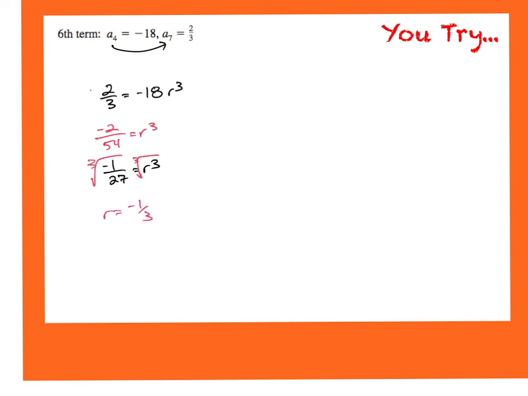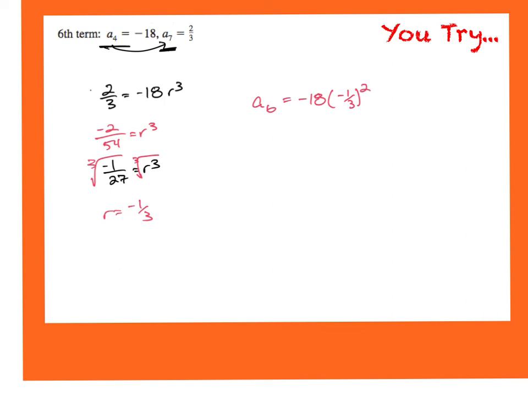Now, how many of you used a sub 4 to get to a sub 6? How many used a sub 7? I'm going to show you both ways. It doesn't really matter which way you go. So a sub 6 is equal to my a sub 4 of negative 18, and then I'm using my ratio of negative 1/3. How many times? Twice.